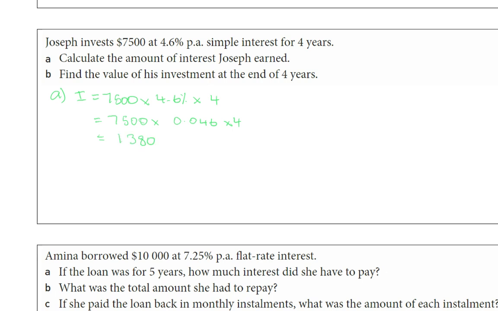And our answer is $1,380. Now the value of his investment: he puts money away and then gets interest on it, so it's the investment plus the interest. So 7,500 plus 1,380.